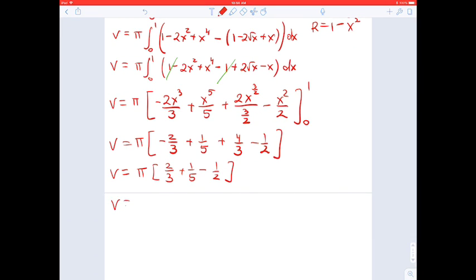A little bit of fractions. Common denominator 30. 30 divided by 3 is 10, times 2 is 20. 30 divided by 5 is 6, times 1. 30 divided by 2 is 15. 26 minus 15, I think it's 11. 11 pi over 30.